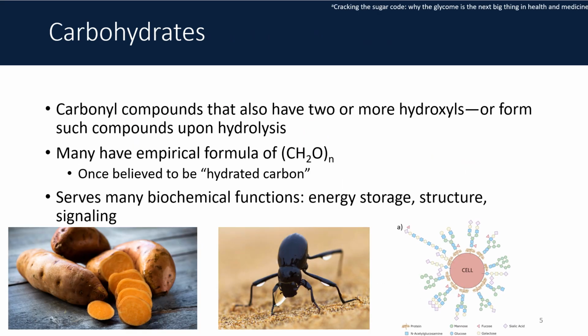I think it's always nice to start with definitions, so let's refresh on what a carbohydrate is. It's actually a little hard to get an all-encompassing definition for it, but it's certainly one of those core classes of biomolecules that you just gotta know. And what I think is a decent definition for it is carbonyl compounds that also have two or more hydroxyls.